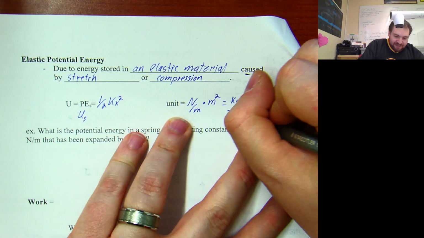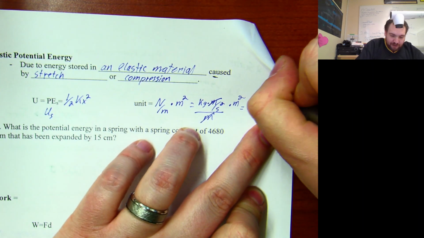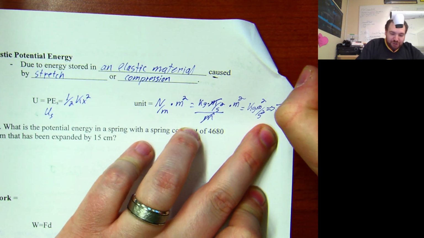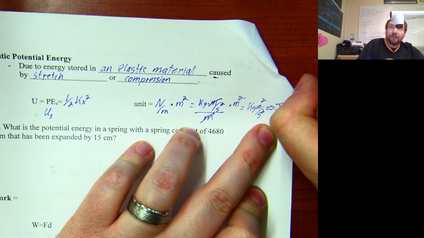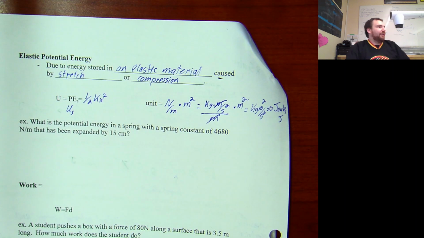Look at how this cancels. We're still going to get kilogram meters squared per second squared, and that's still going to be equal to our joule. We want things to remain consistent, and look at that, they do. Okay?